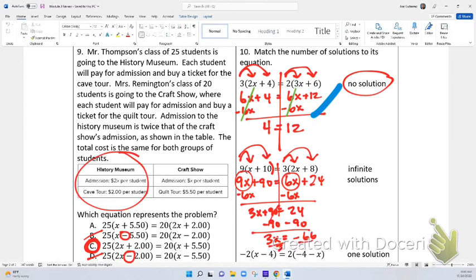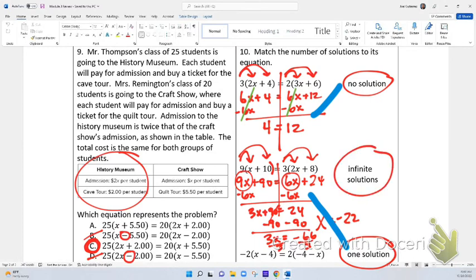And then divide by 3, you get x is equal to negative 22. So because it gave us an answer of x equals negative 22, automatically we know that this one is the one solution. So I don't even need to do the last one, and to be honest with you, I'm not, only because I'm running out of space, right? But the infinite solution one, that one will go to the last problem.